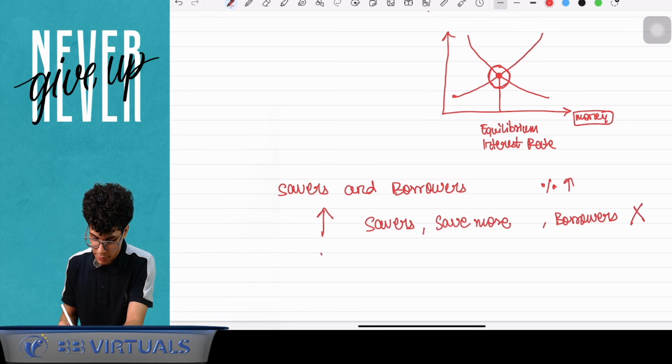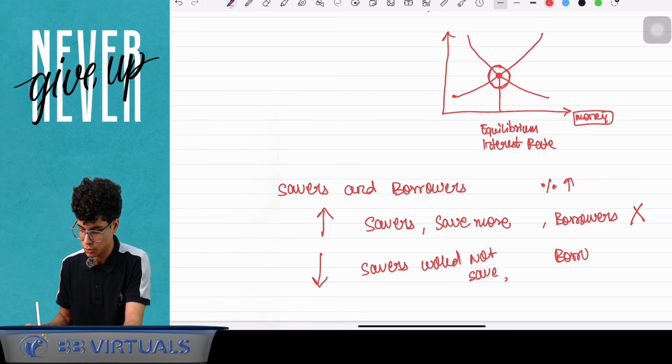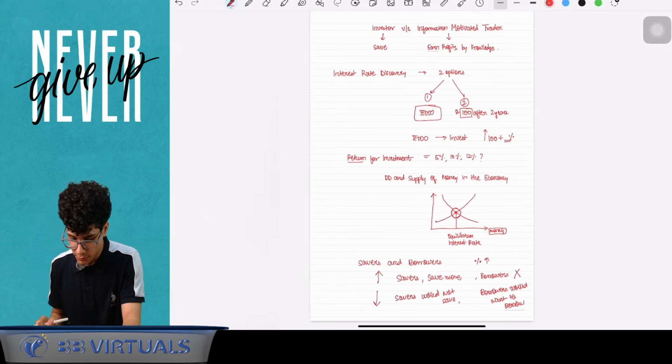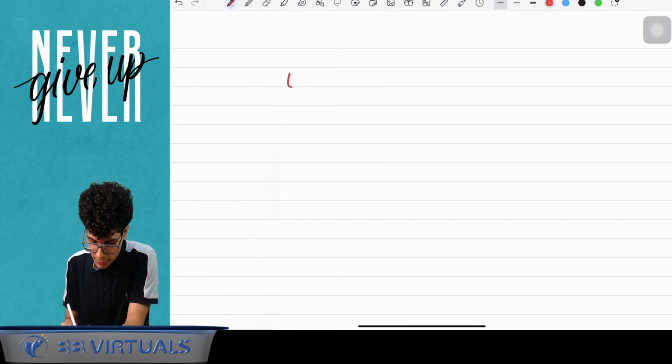At the same time, if the interest rate is way too low, savers would not save, but the borrowers would want to borrow. So where will the equality be made?